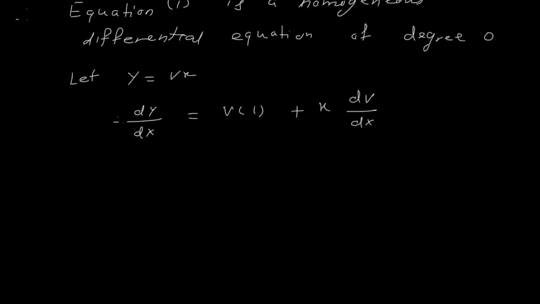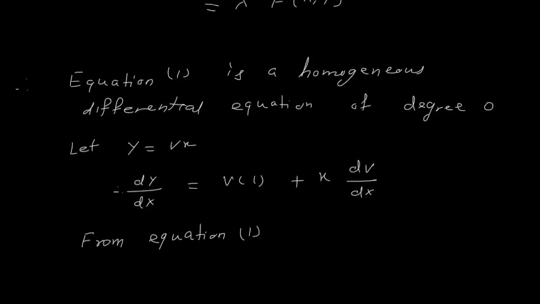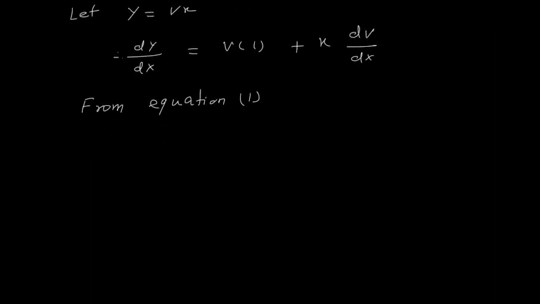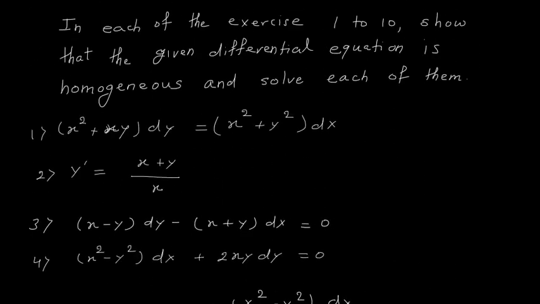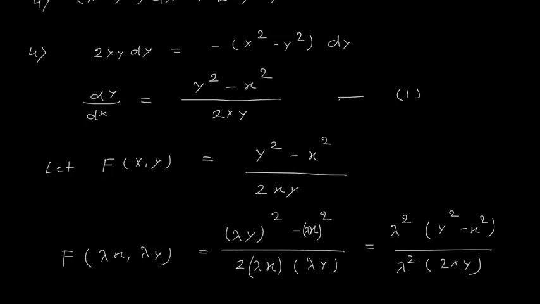Now from equation 1, if you check your equation 1, we have dy upon dx, so in place of dy upon dx we can write v plus x into dv upon dx. We have v plus x into dv upon dx is equals to, here on the right hand side we have y square minus x square upon 2xy.